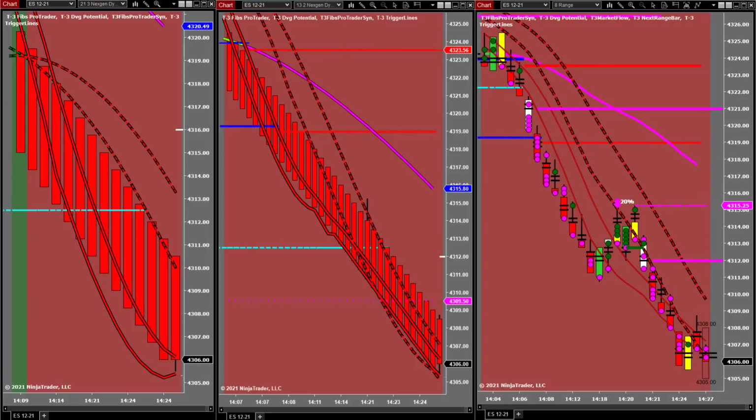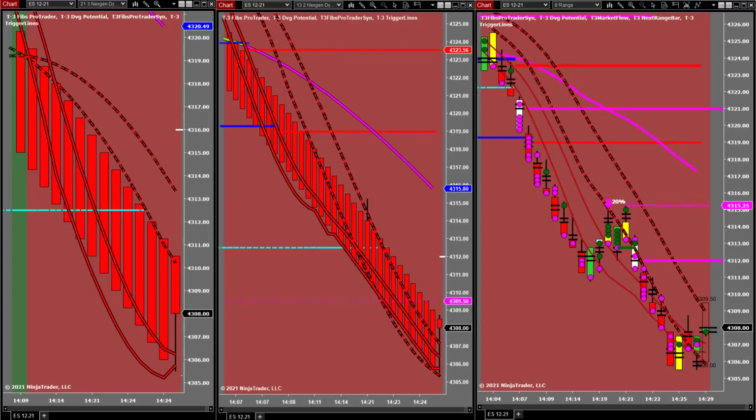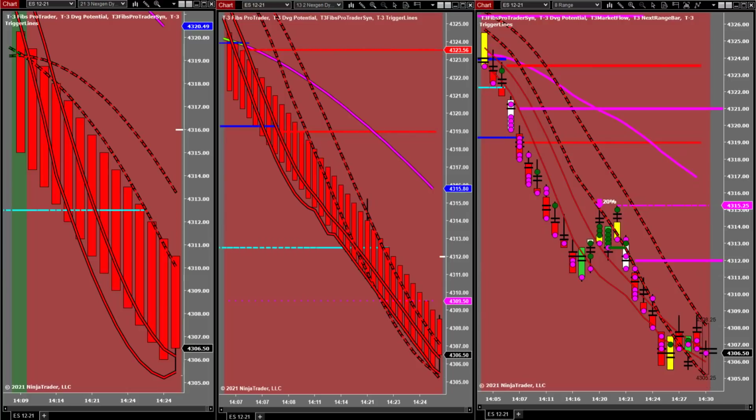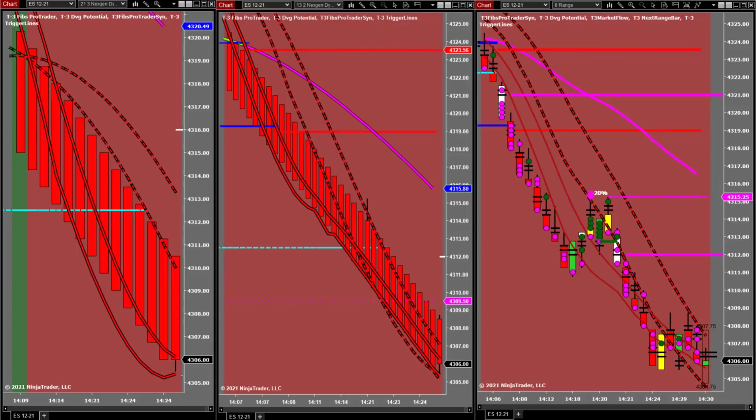All right, so again, we'll just kind of stick with this until it fades out here, but I know this is probably getting monotonous to listen to after an hour and a half of the same thing over and over. Hopefully it highlights what I wanted to highlight, which is watching the 8 range triggers between the 13-2 areas and the 8 range areas and triggers.